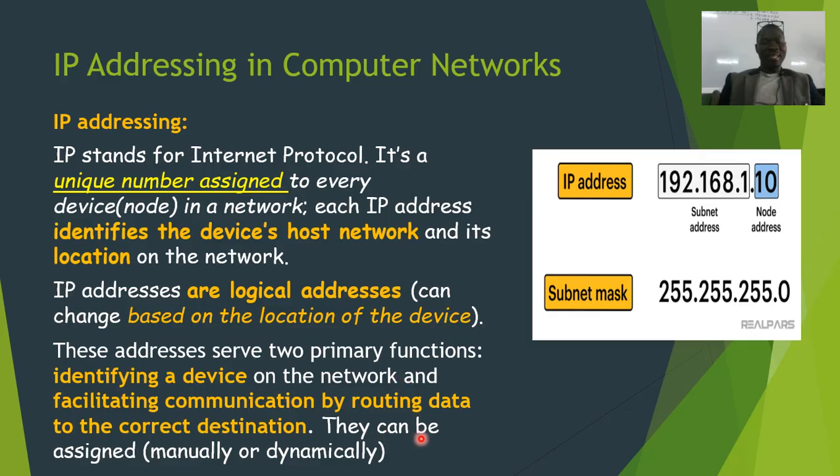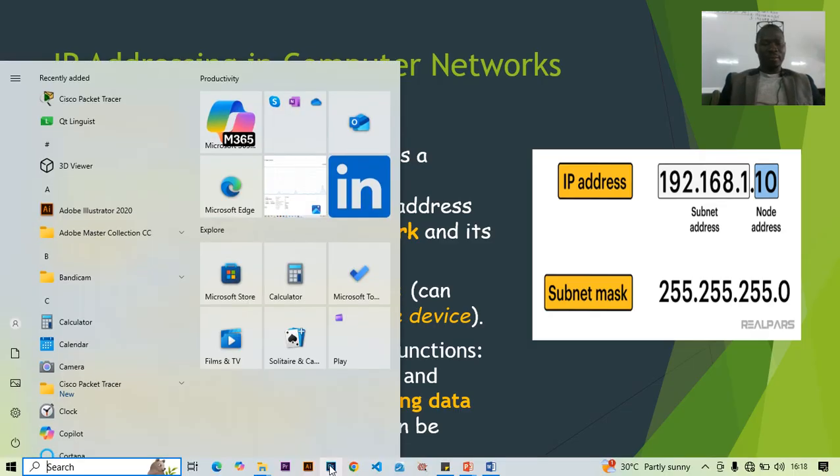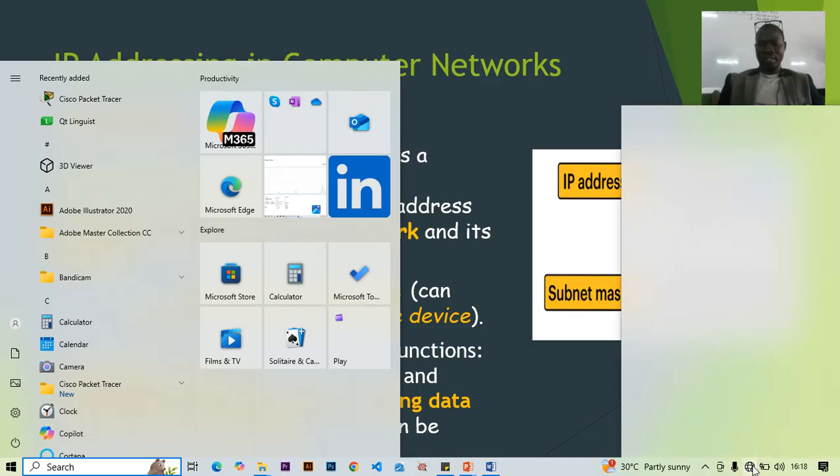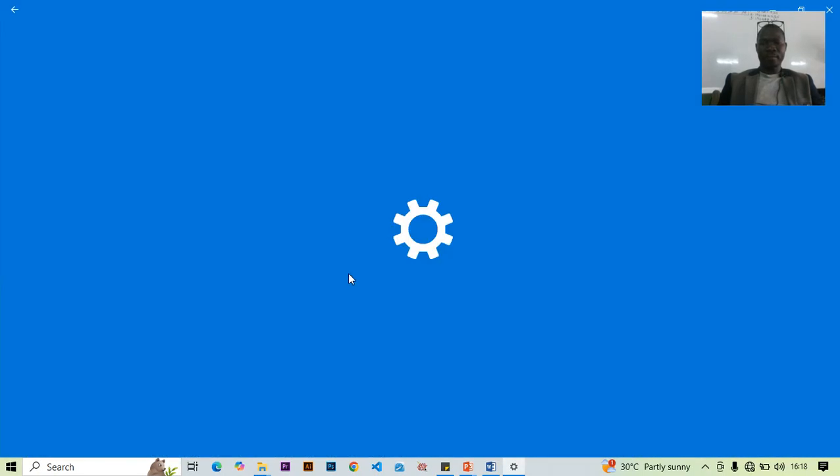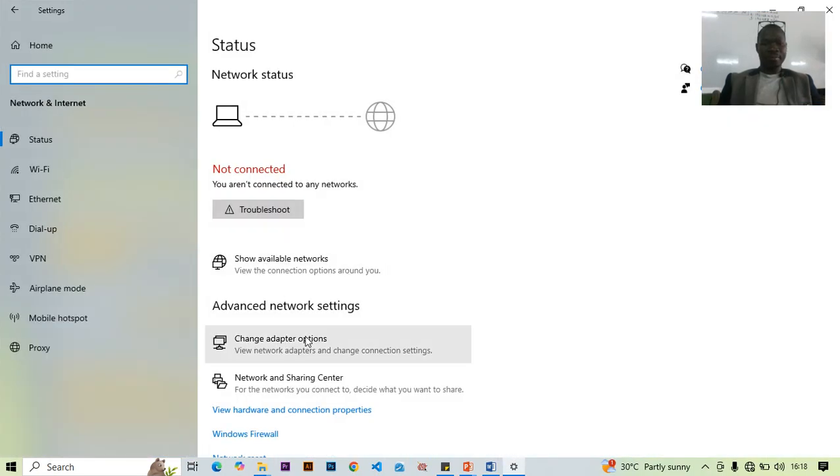However, they can be assigned manually or dynamically in our computer. For example, if I come to my computer down here under my network settings, I come to my network and internet settings here. It's taking longer, I don't know why.